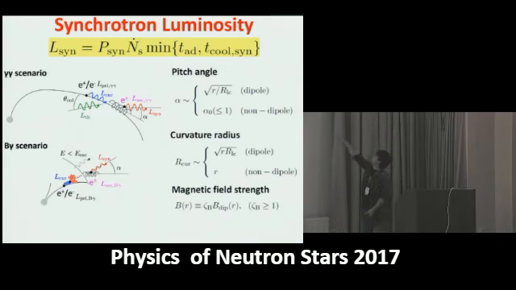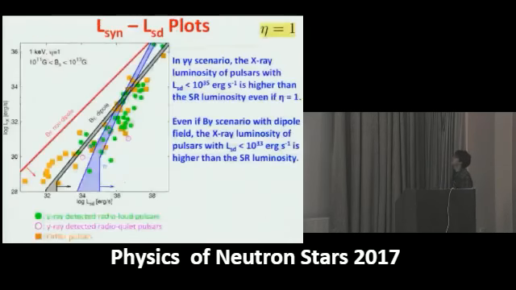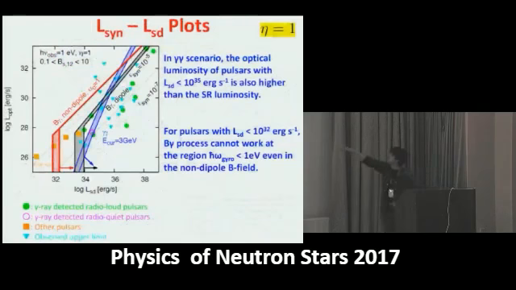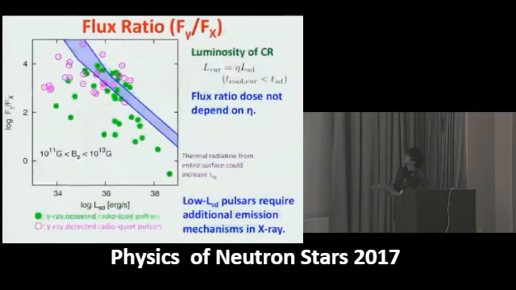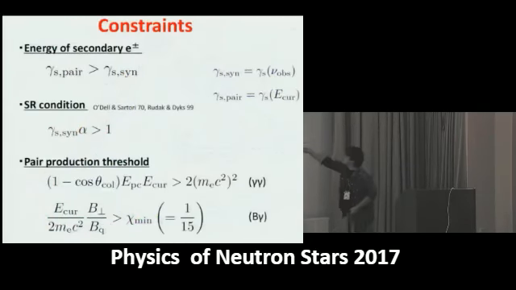In that model, we use alpha equal to unity. This value gives the maximal luminosity, but this line determines the condition of validity of synchrotron radiation and the percolation threshold.